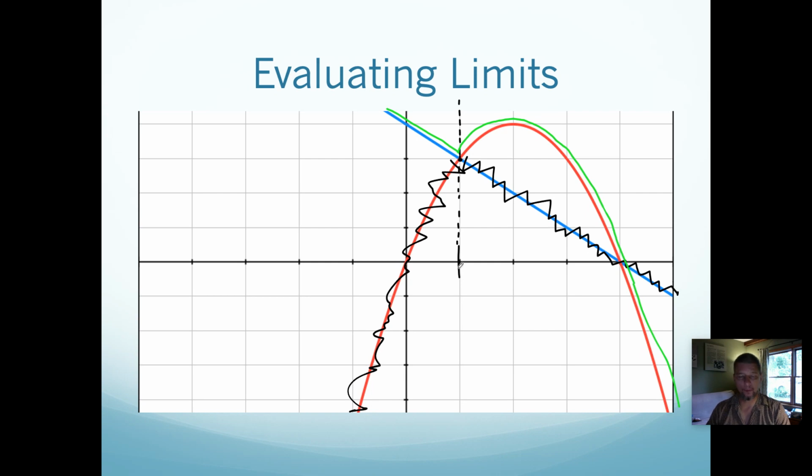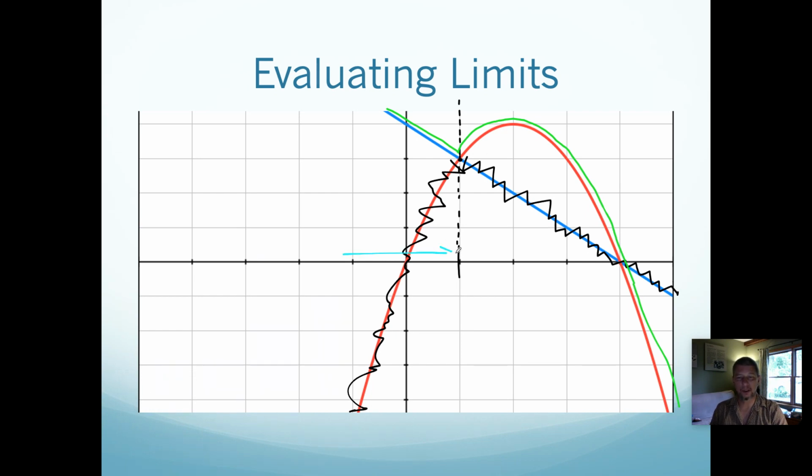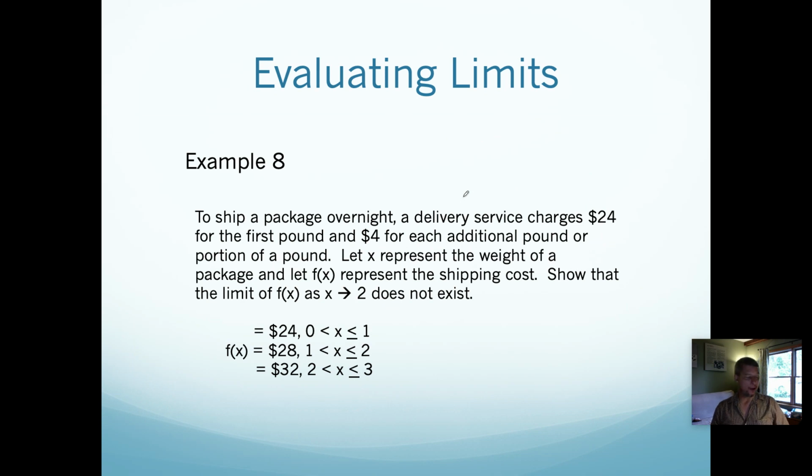But notice that both from the left and from the right, and I'll do this in cyan, as we approach x equals 1 from the left, we approach y equals 3. As we approach x equals 1 from the right, we approach y equals 3. In both cases, we're approaching the same value, and therefore the limit of this function does indeed exist. Okay, let's look at another example.